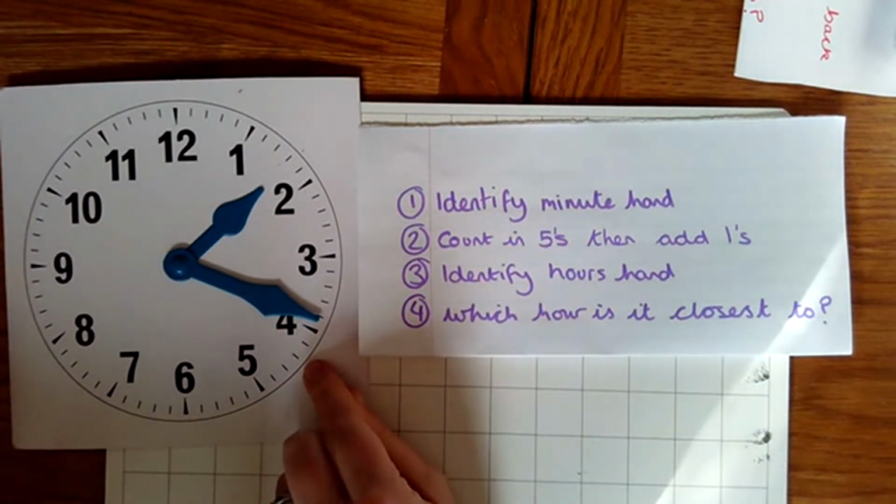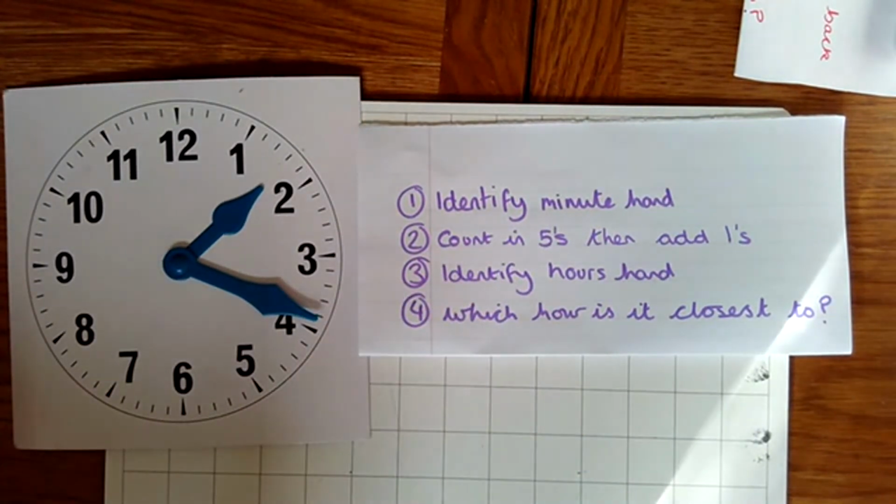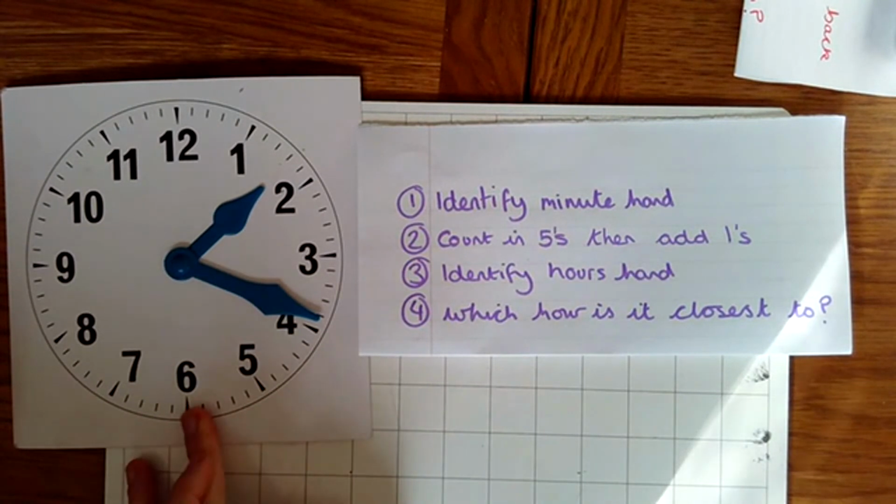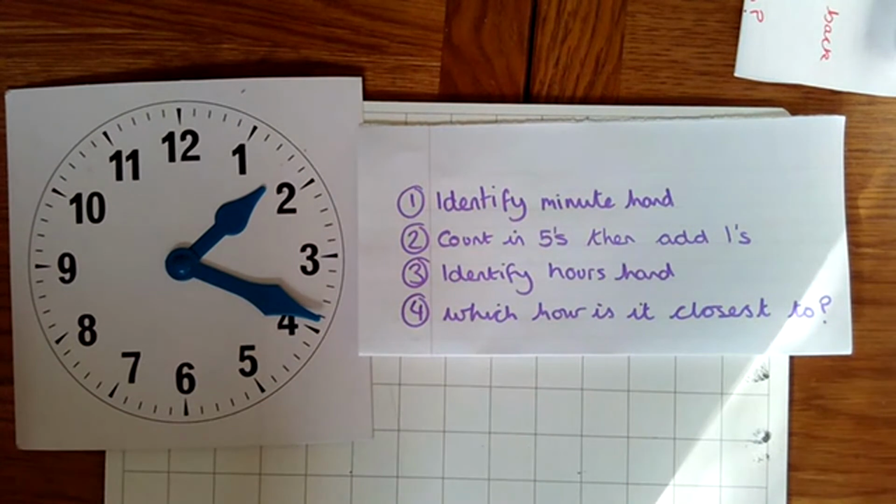Remember, our minute hand is always going to be our longest hand. Then we're going to do our quick check, but at the moment we're just looking at past the hour. So we can see that my minute hand hasn't passed my magic half past. So I know my time sentence is going to be, it's minutes past the hour.